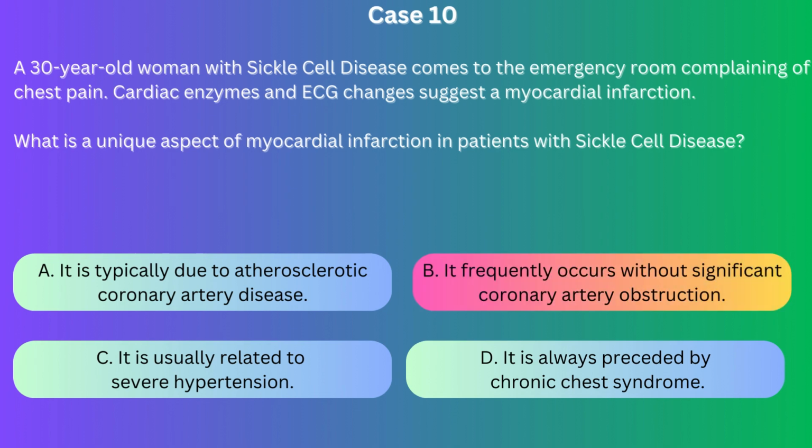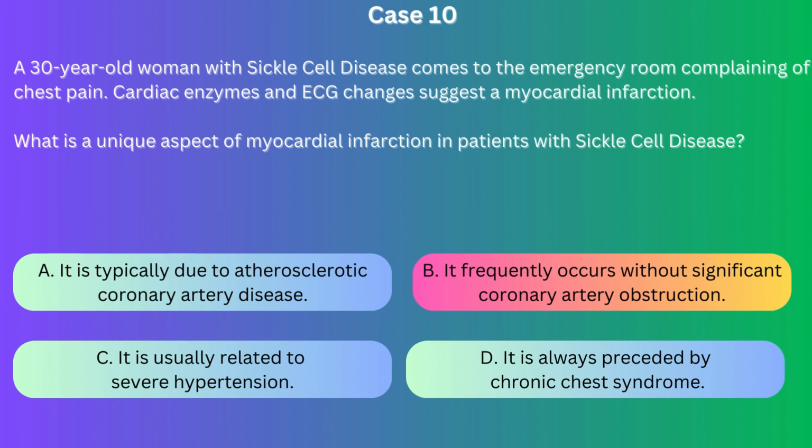Correct answer B. Myocardial infarction in sickle cell disease often occurs in the absence of significant atherosclerotic coronary artery disease. The pathophysiology is thought to involve microvascular occlusion by sickle cells and chronic anemia, leading to myocardial ischemia and infarction.